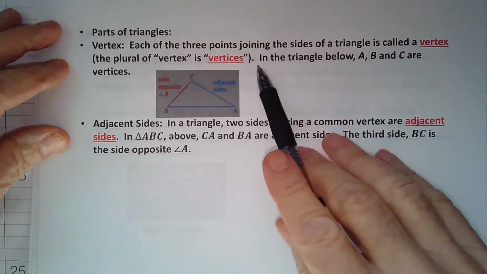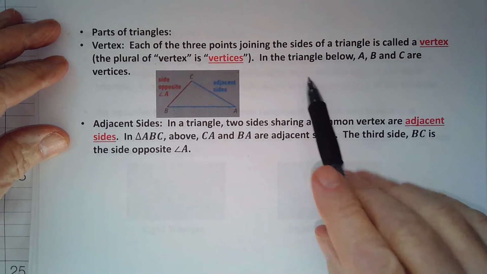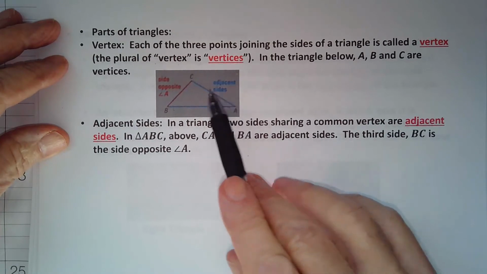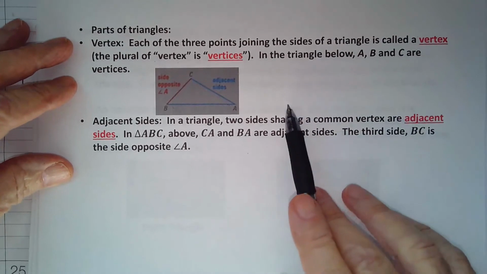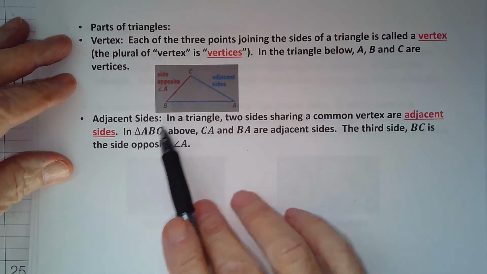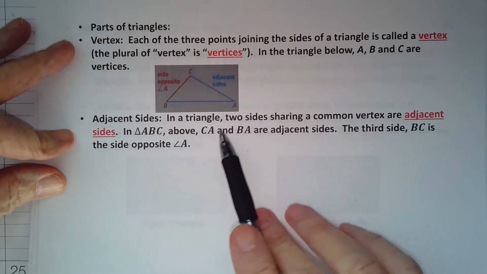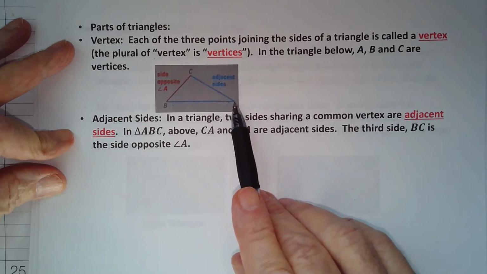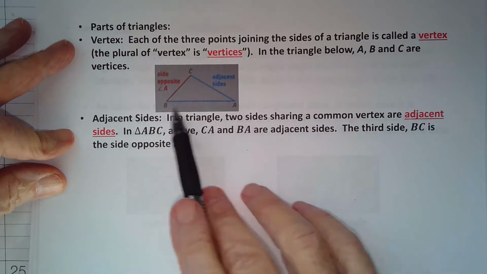All right, so let's look at basic triangle parts. Vertex. Each of the three points joining the three sides of triangle ABC below is called a vertex. And the plural of vertex is vertices. Then the next thing you want to know is about adjacent sides. In a triangle, two sides sharing a common vertex. So here the two sides are sides AC and AB.